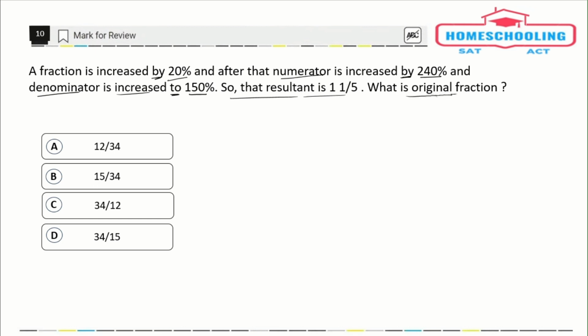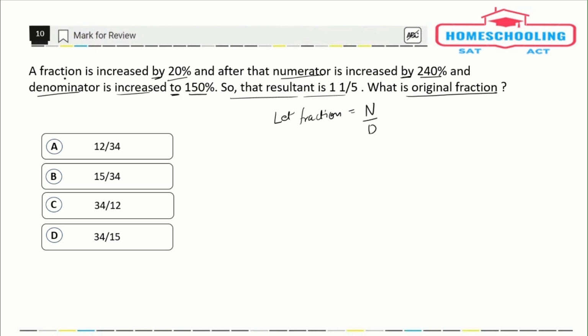So what is the original fraction? As we know, a fraction has a numerator and a denominator. Let the fraction be, let's say, numerator is written as n and d is the denominator.